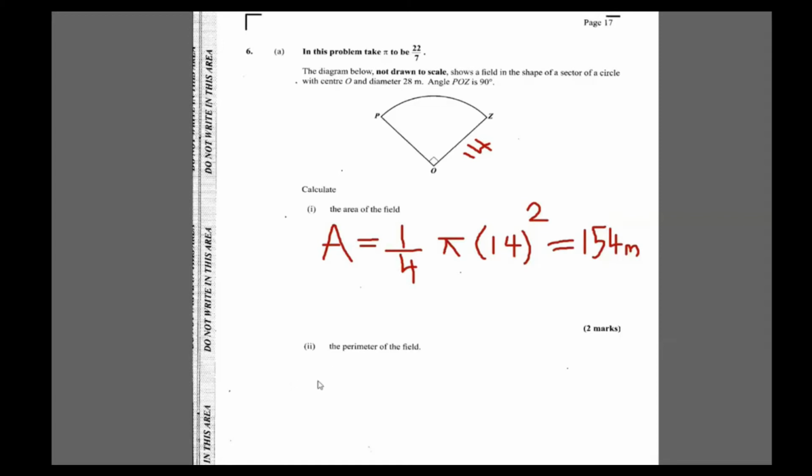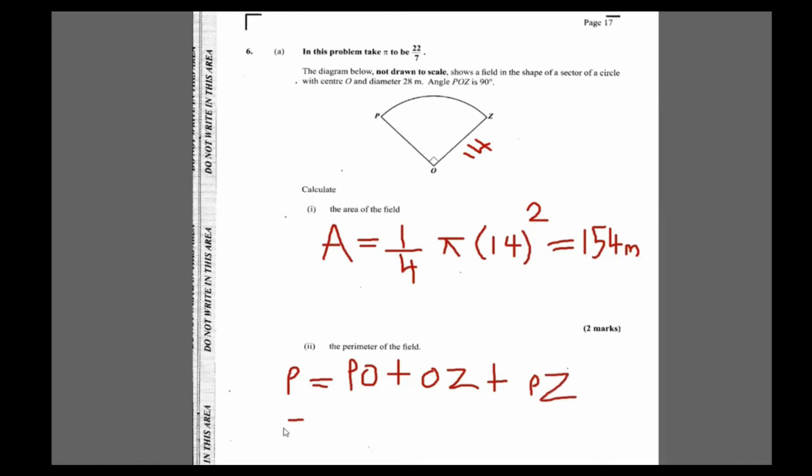The perimeter of the field, we can call it P, is going to be equal to the distance from P to O, which is PO, plus the distance from O to Z, which is OZ, plus the length of the arc PZ. That will give us the perimeter.